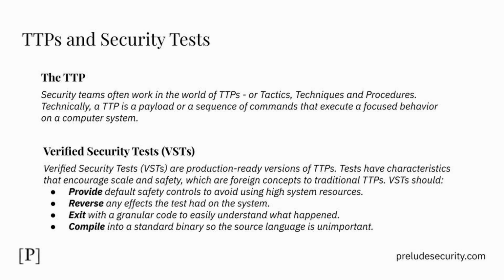Another difference is the structure, which is one of the biggest differences: the structure around how a VST exits. One of the problems we've run into over the years is the arbitrary output that a TTP can have when run from the shell or within an agent. Whenever you run a command in a TTP, text outputs to the terminal.